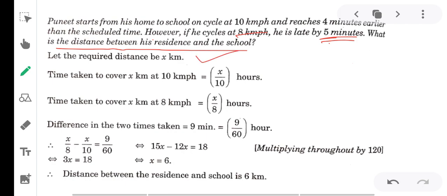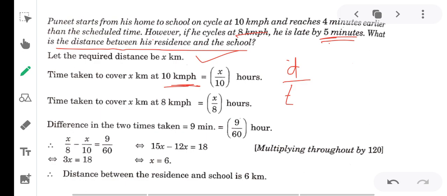So when he cycles at 10 km per hour, the time to cover x kilometers, the distance between his residence and school, will be x by 10 hours. We know speed equals distance by time.